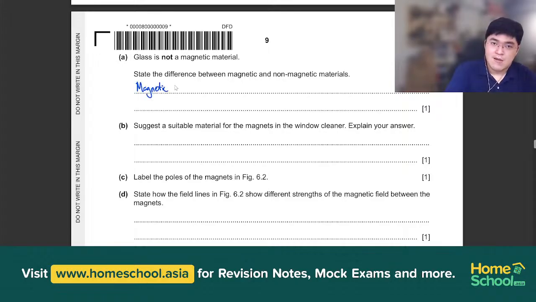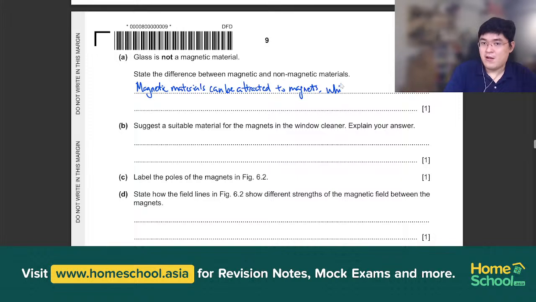Magnetic materials, right, can be attracted to magnets. While non-magnetic materials, right, cannot.